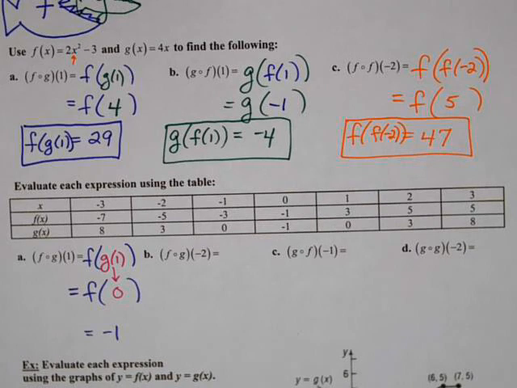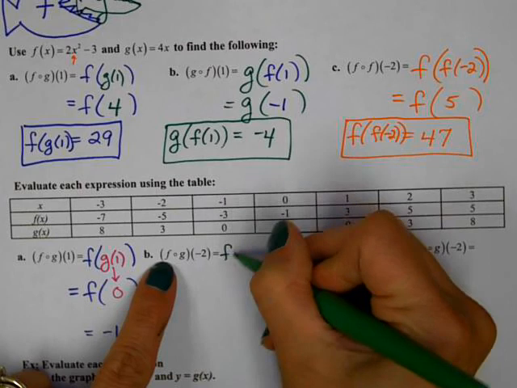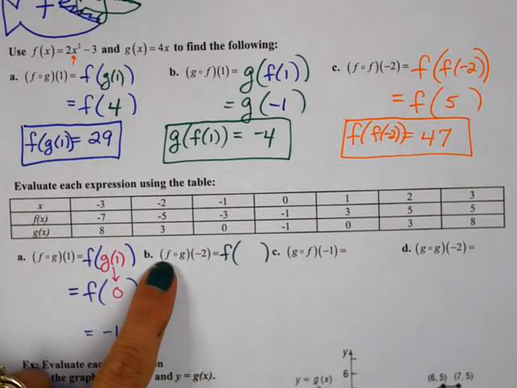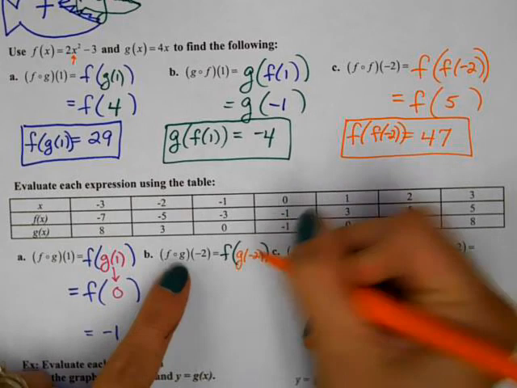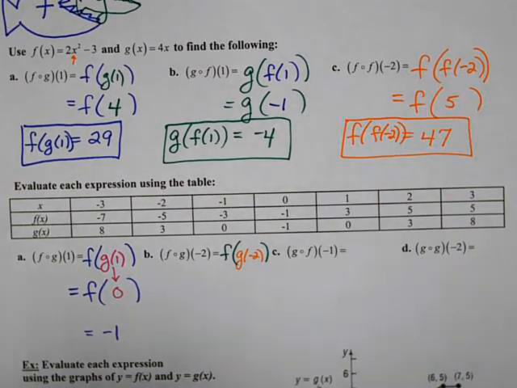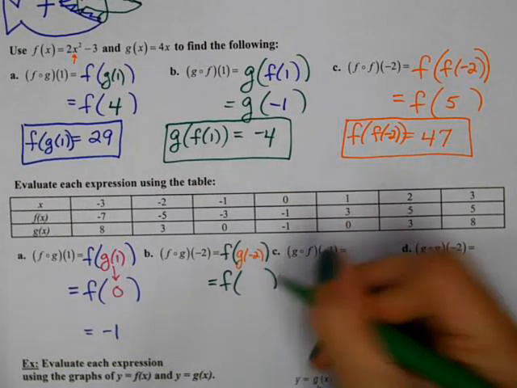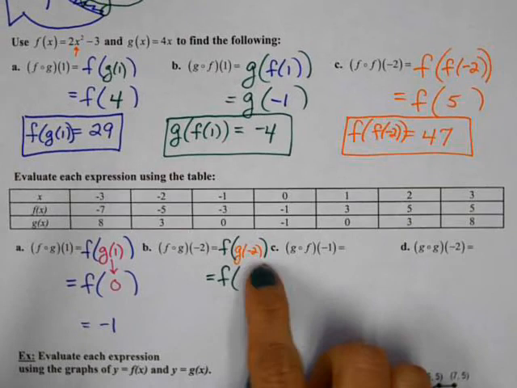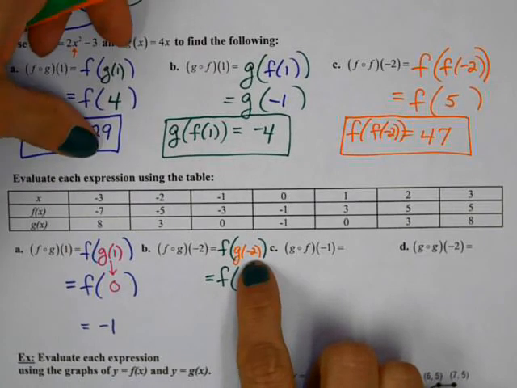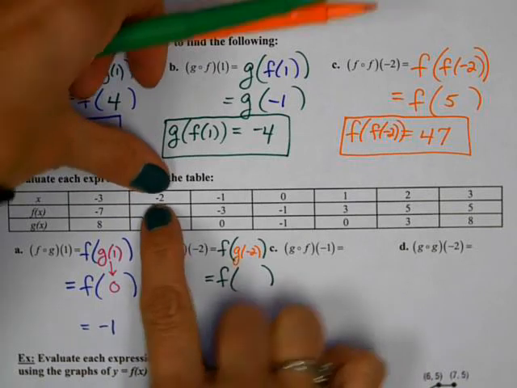Let's try again. Let's do another one here. I'm going to write this as the nice notation. This problem wants us to do f of g of -2. Okay, so the first thing I'm going to do is I'm going to write equal sign. F of. Okay, so I'm going to save f. I'm going to work from the inside out. I'm going to put -2 into the g function. So -2 is the input.